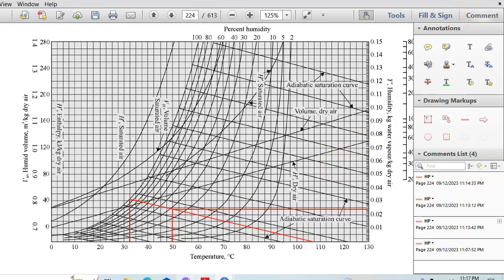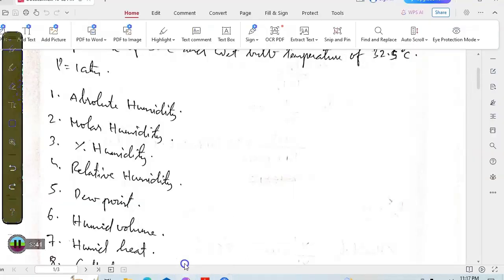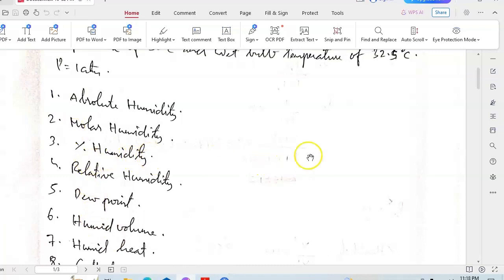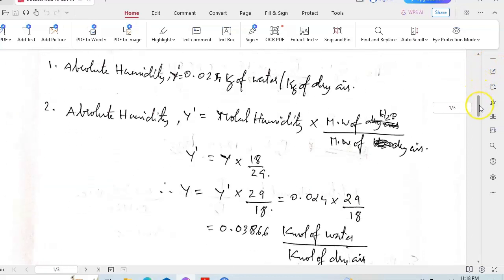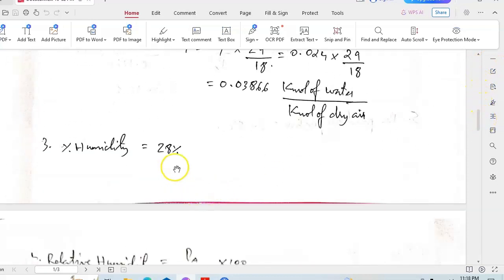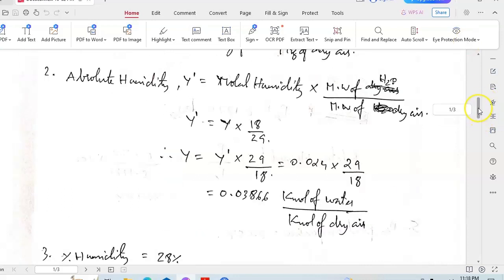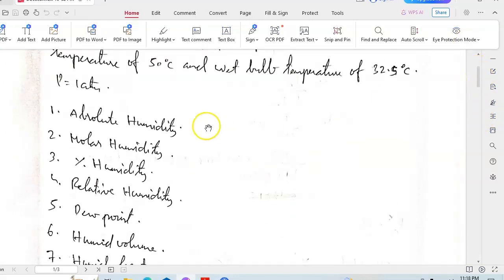So our answer for the third question, percentage humidity, is equal to 28%. So we have already found three subparts: absolute humidity, molar humidity, and percentage humidity.